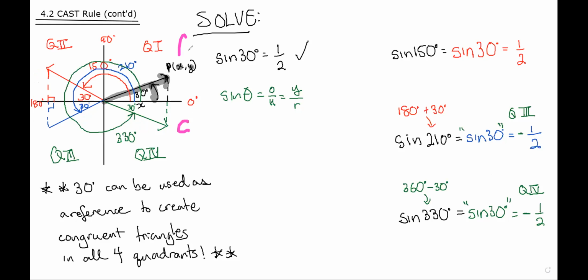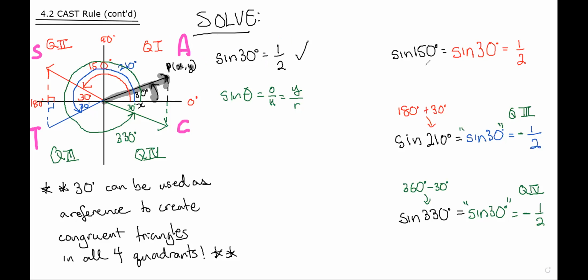C, A, S, and T. If you know that you're in quadrant 1, that's 30 degrees, every single ratio is going to be positive, and so it's going to equal a positive half.